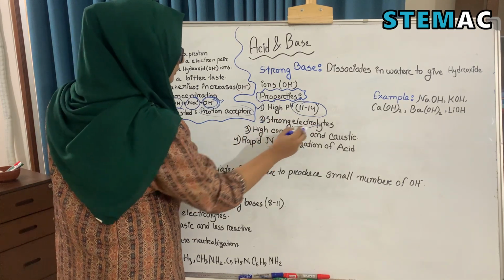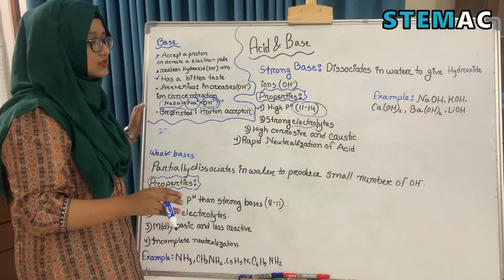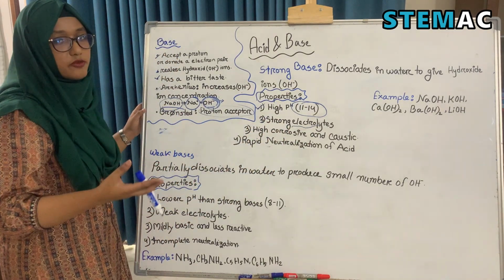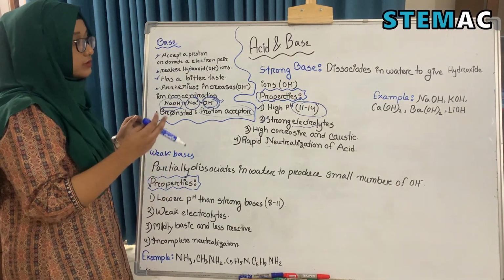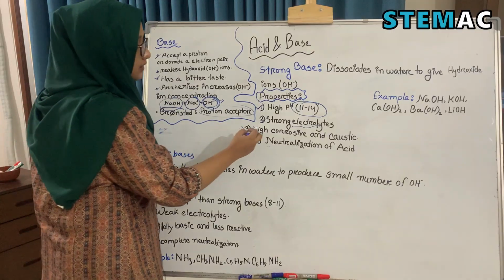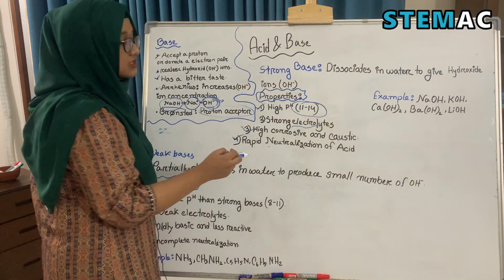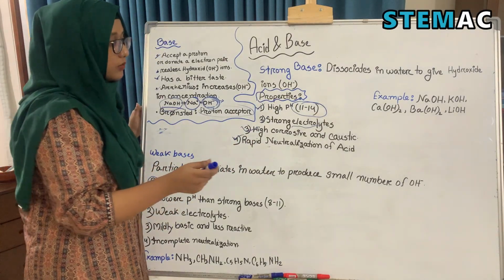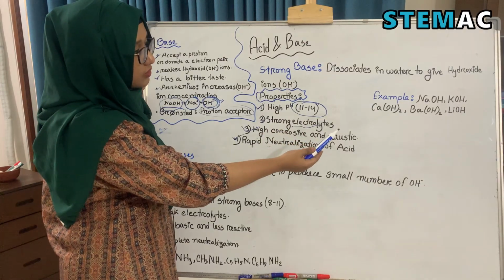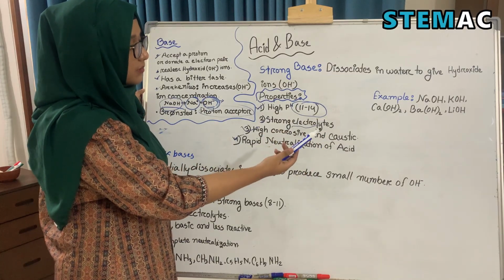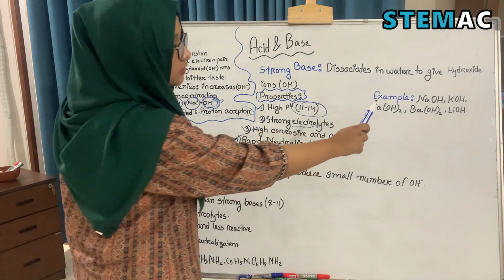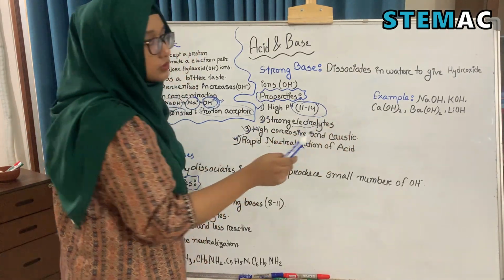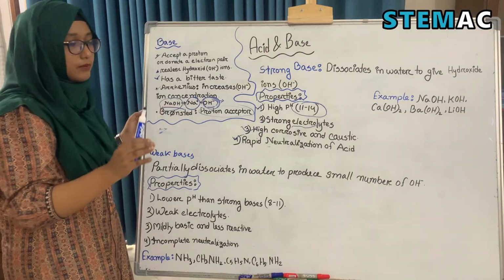They are highly corrosive and caustic, they easily react in the aqueous environment and produce OH-, and they are rapidly neutralized by acid components. Examples are sodium hydroxide, potassium hydroxide, and calcium hydroxide. Through the hydroxide OH in those components we can identify a base.